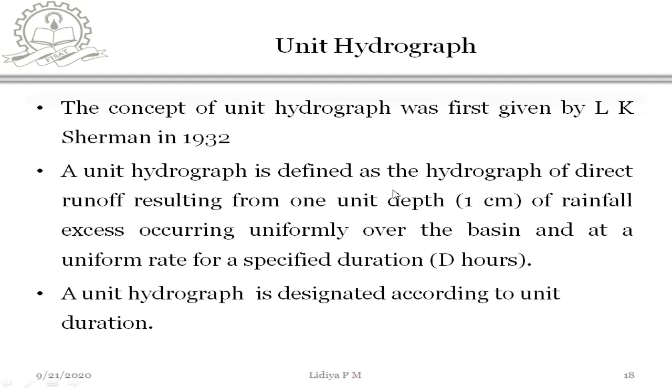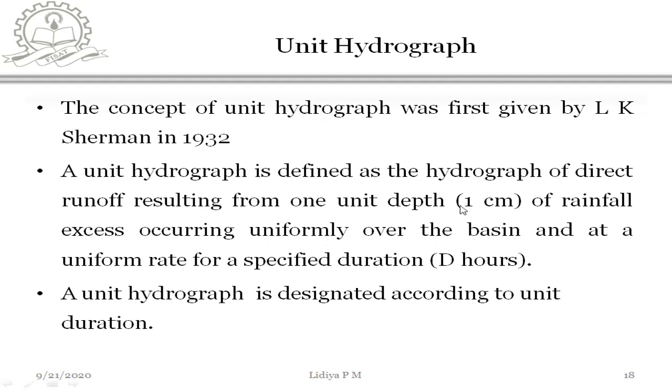That is, we will study word by word. It is defined as a hydrograph of direct runoff. So it is a hydrograph of direct runoff, that is we are removing the base flow, and it is resulting from 1 unit depth of rainfall excess.